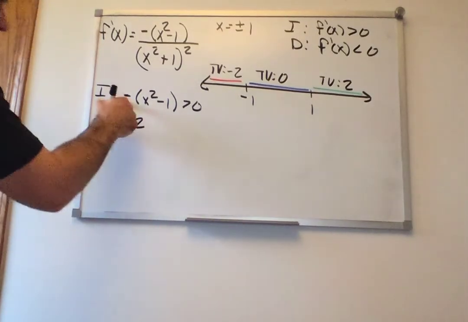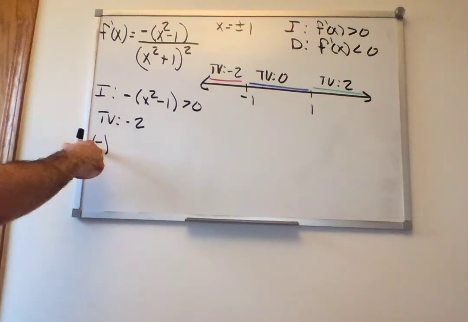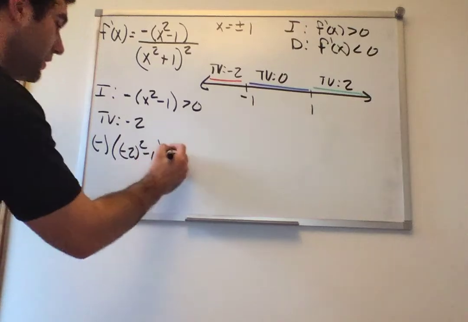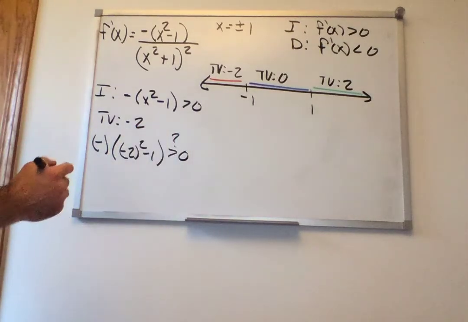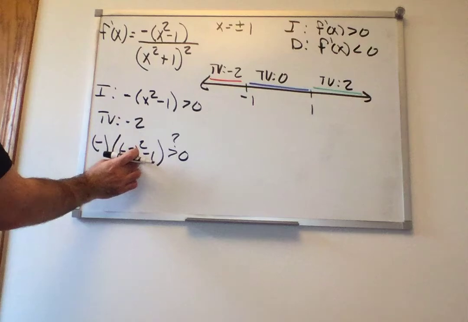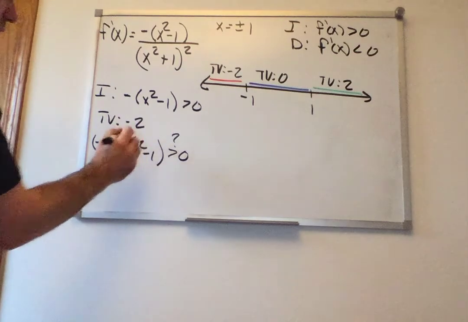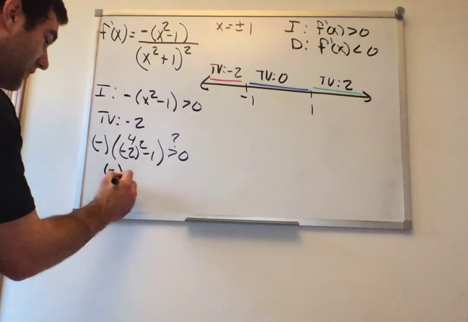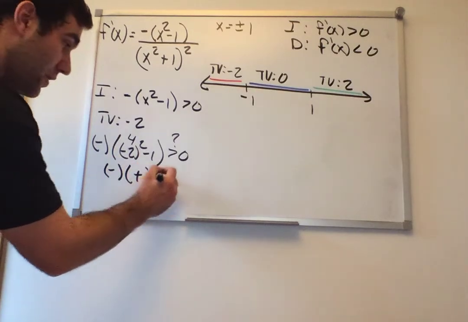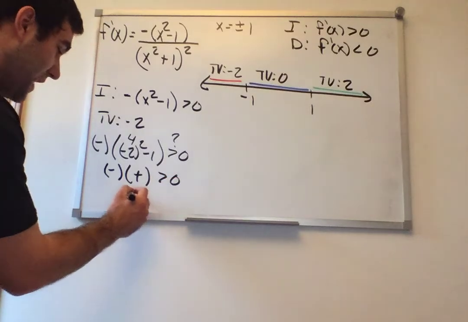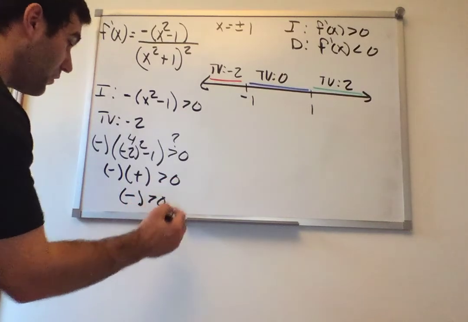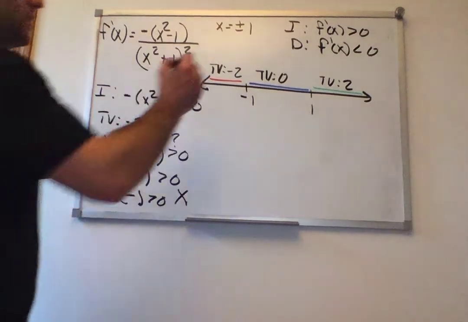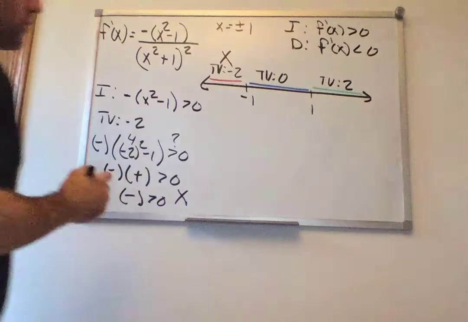We got a negative, that's this negative. -2 squared minus 1. Is this greater than 0? Well, let's find out. This right here is a +4. +4 minus 1 is a +3. I've got a negative number times a positive number. Is that greater than 0? No, that is not true. A negative number is not greater than 0. So this interval did not work.